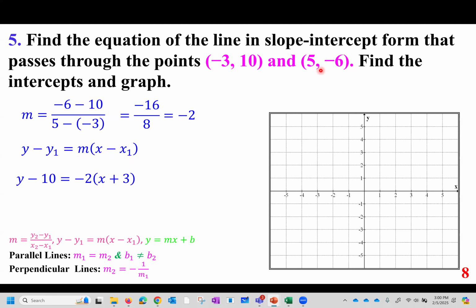If I were to use this one, I just want to quickly show you. If I were to use this one, I would get y minus -6 equals m, -2, times x minus 5.